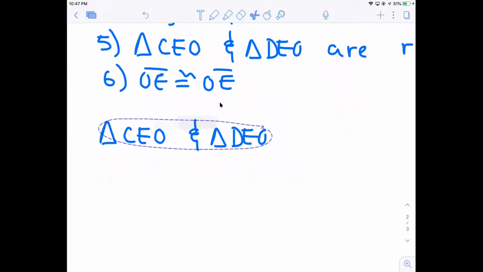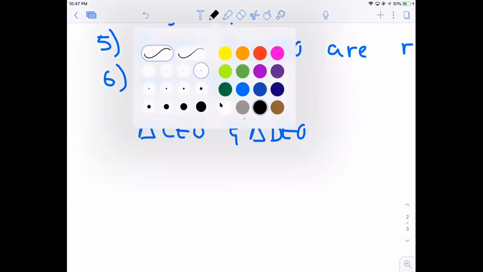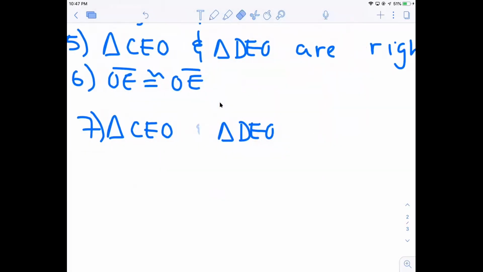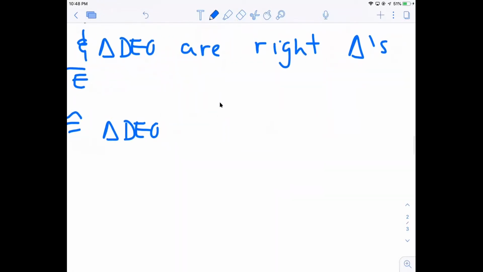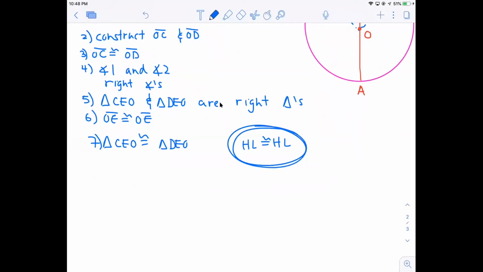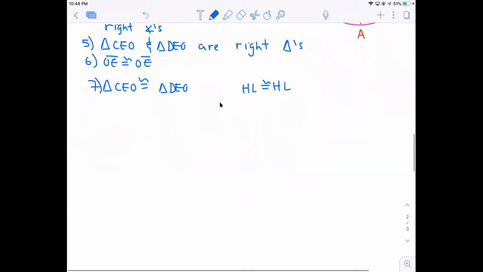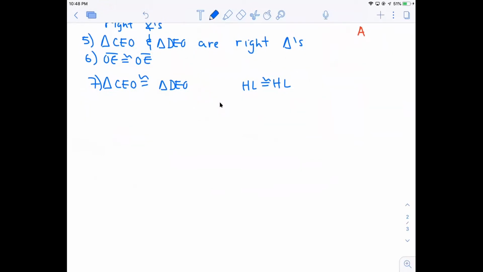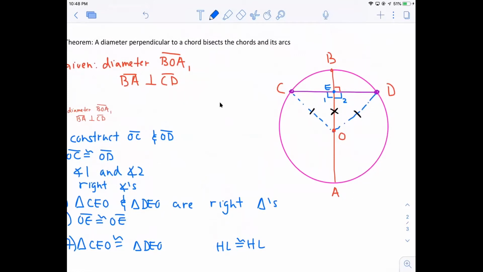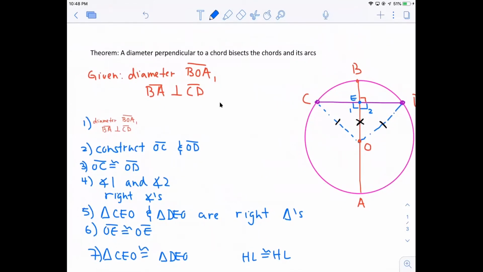I'm going to copy and paste this and say triangle CEO is congruent to triangle DEO. And the reason for that is hypotenuse leg. We haven't used that in a while, right? That is good stuff.